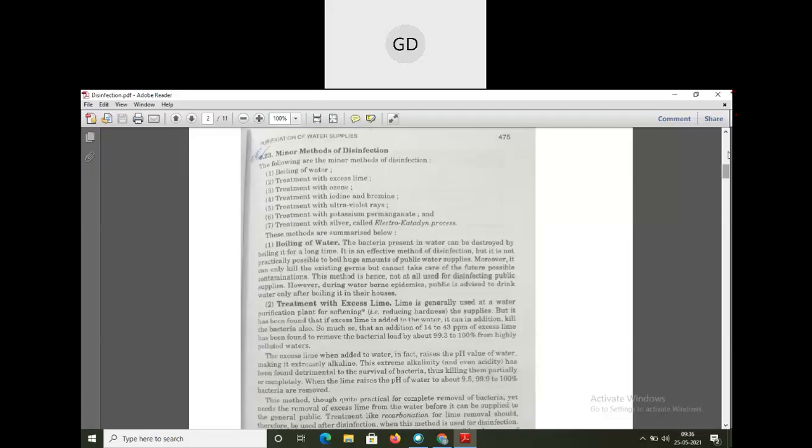But research has also found that if you add an excess of lime to the water, it can kill the bacteria.